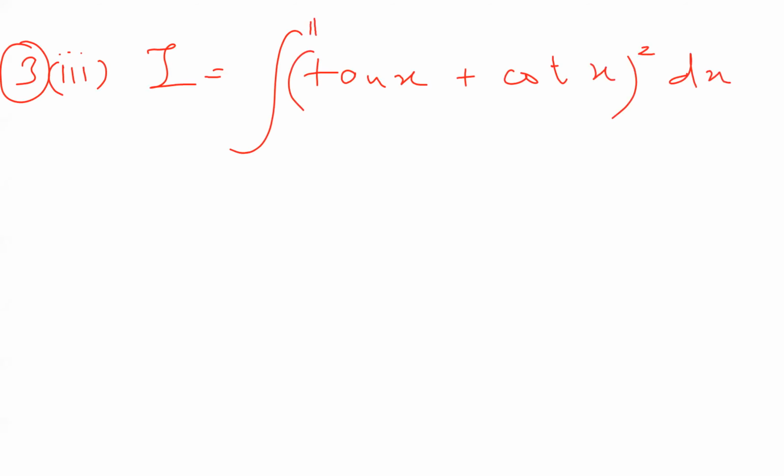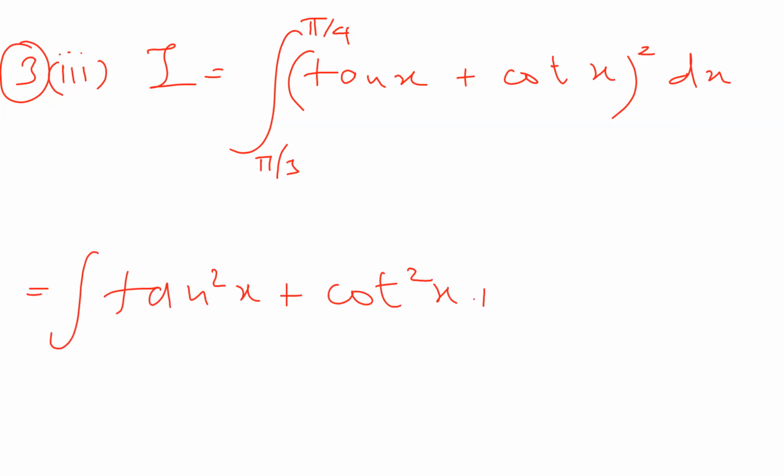The upper limit is pi by 4 and the lower limit is pi by 3. So we will apply a plus b the whole square: integration of tan square x plus cot square x plus 2 tan x cot x. I have applied the formula of a plus b the whole square, right?